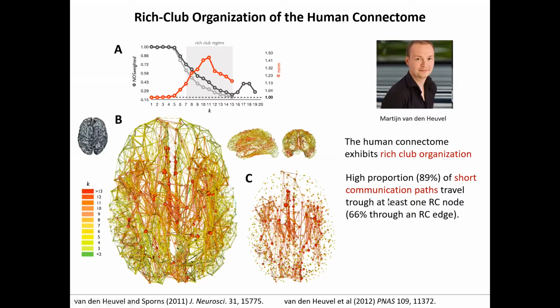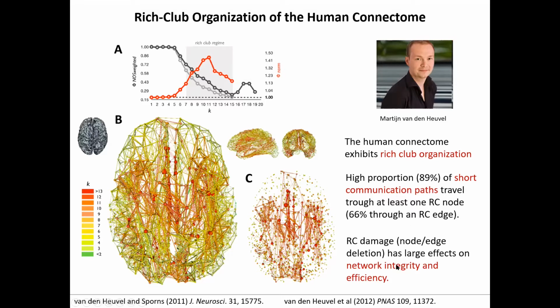We have it in the US, of course. You have it in Russia as well. It serves to connect widely dispersed big cities, and is often used for travel between these cities, and actually absorbs a high proportion of vehicle traffic. So we sometimes refer to the rich club as the highway system of the brain for that reason.